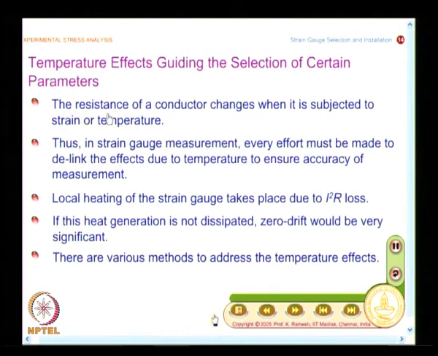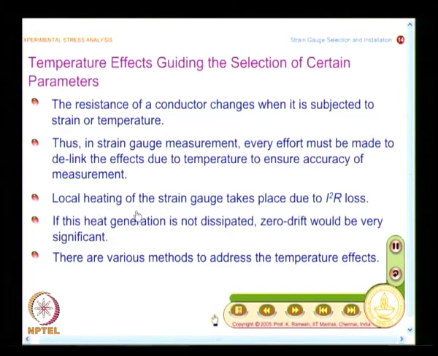The basic idea is that the resistance of a conductor changes when it is subjected to strain or temperature. And how does temperature change come about in a strain gauge? Local heating of the strain gauge takes place due to I squared R loss. This is a very important aspect and a very subtle aspect too.